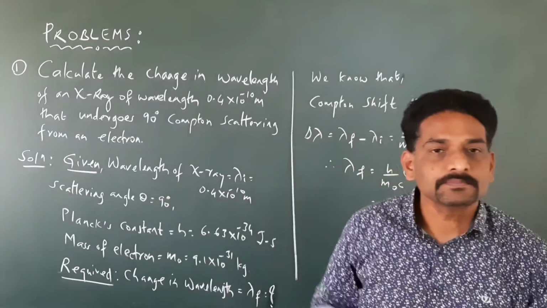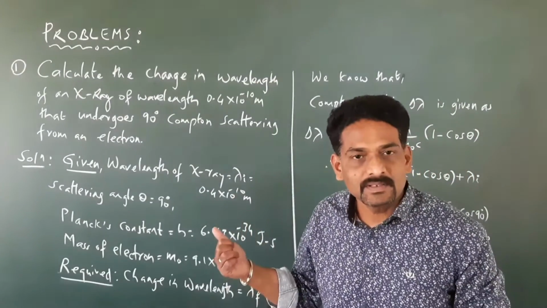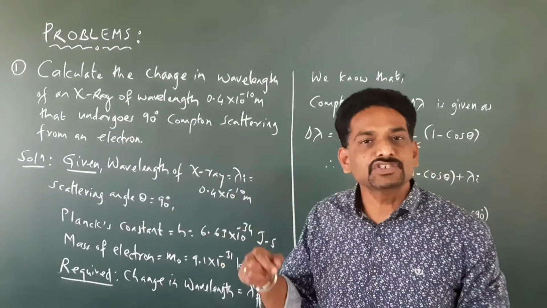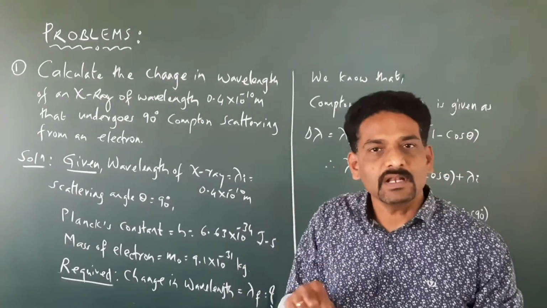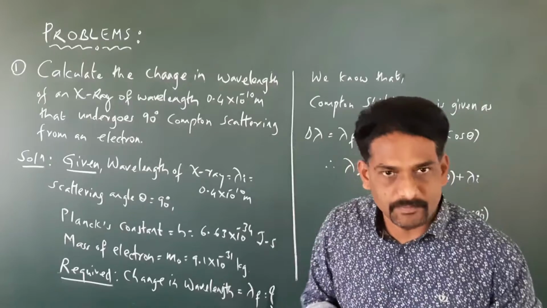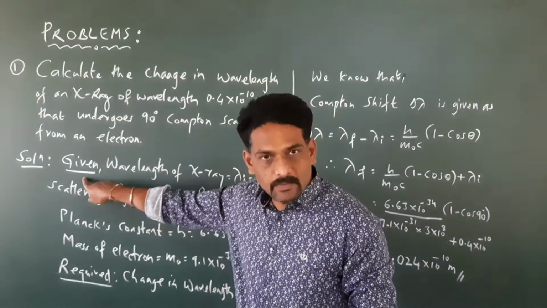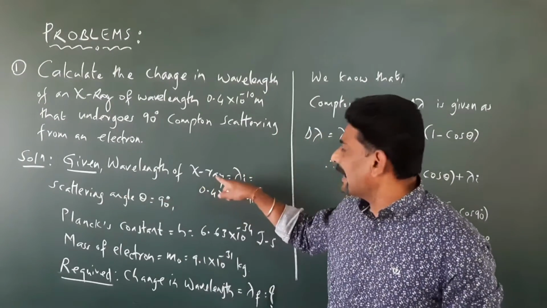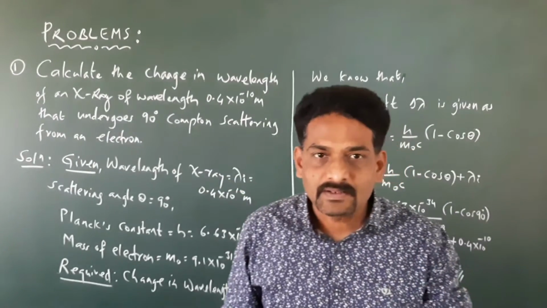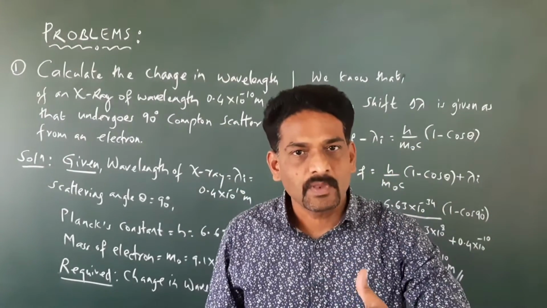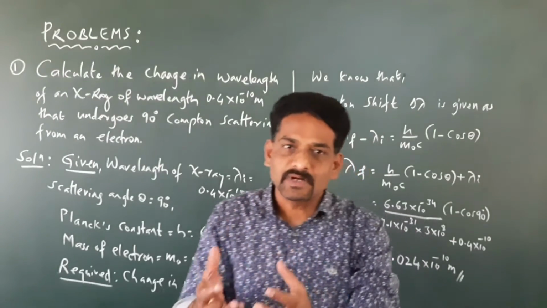So in this problem, what have they given? They have given the initial wavelength of the X-ray beam. We know that in case of Compton scattering, we have an incident X-ray beam that collides with the target material.